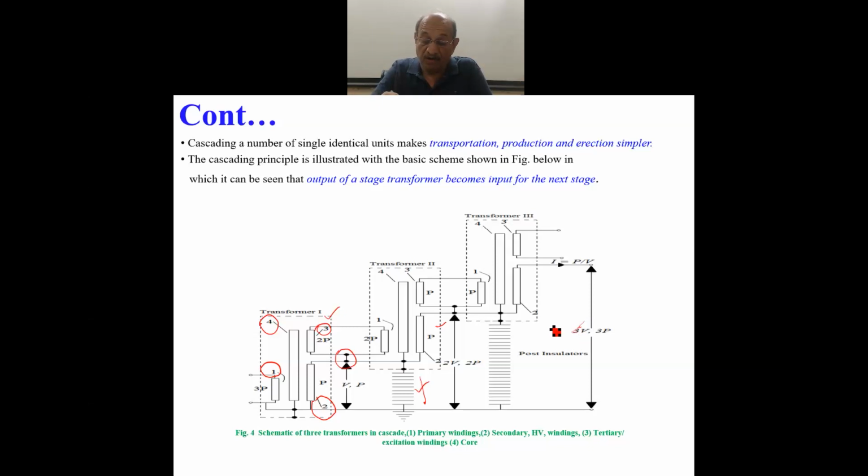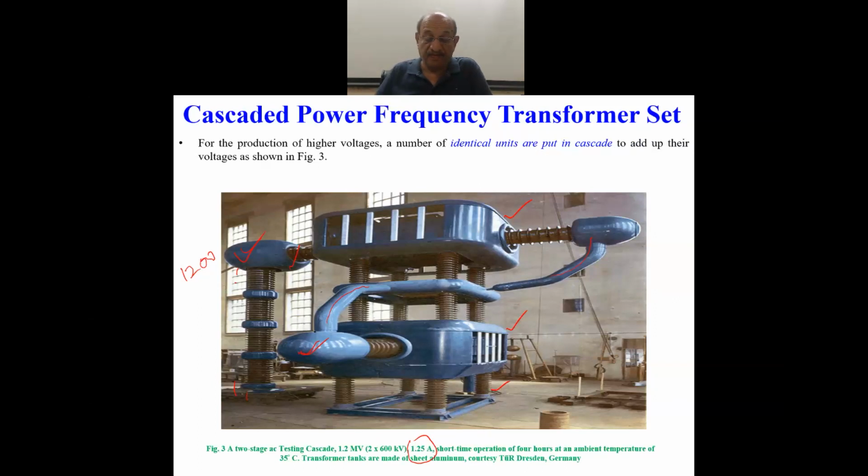Sorry, this is the output. This was V, and the output of the second unit is 2V. So the input and the container of the third unit acquires 2V. As you can see here, it is 2V. And so this requires still more insulation from the ground. The insulator units, as you can see in the previous case, for the second stage.